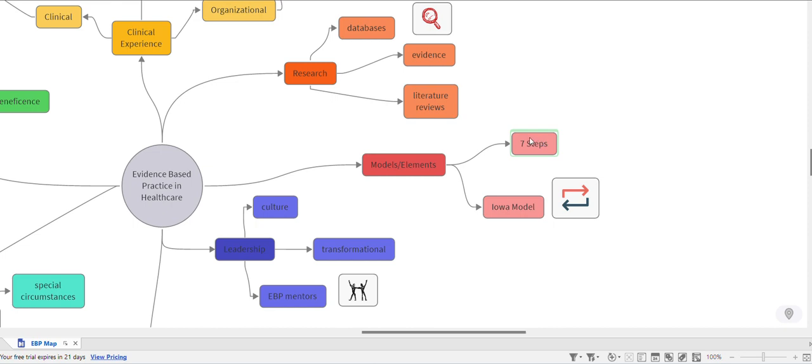Step 5 is to evaluate the outcomes of your practice change based on your evidence. And then the last step is going to be to disseminate the outcomes of your evidence-based change. And it's important to share your research. The next one is the Iowa model of EBP.